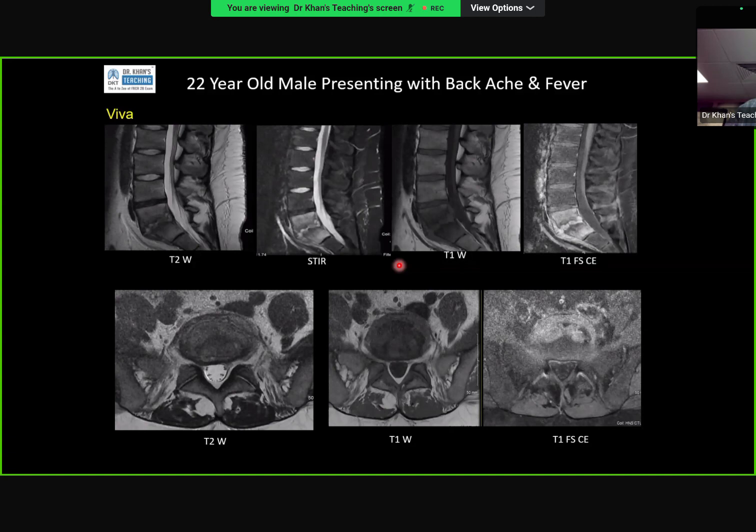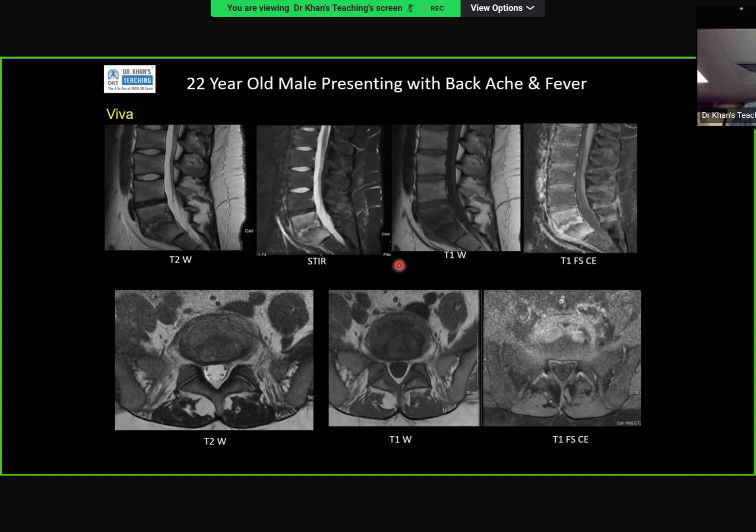The intervertebral disc space also appears hyperintense on STIR and T2. And on post contrast sequence I could see enhancement of the intervertebral disc space as well as the superior and the inferior adjoining vertebra, and there's some prevertebral collection as well.